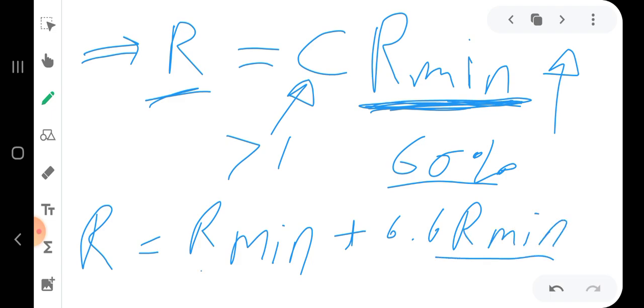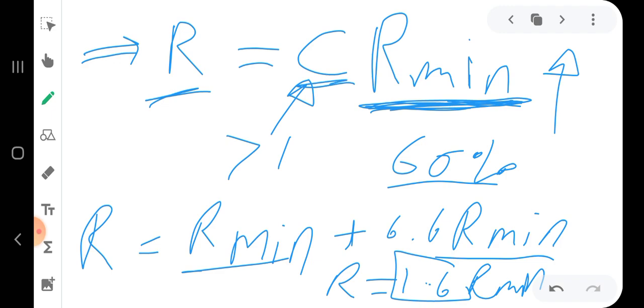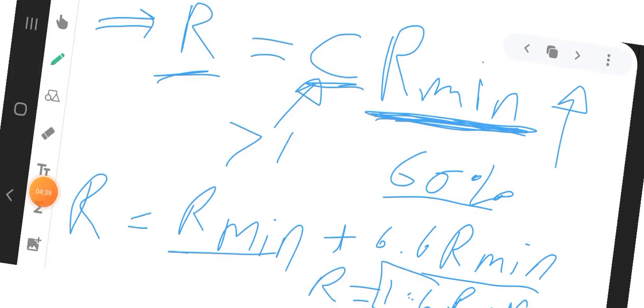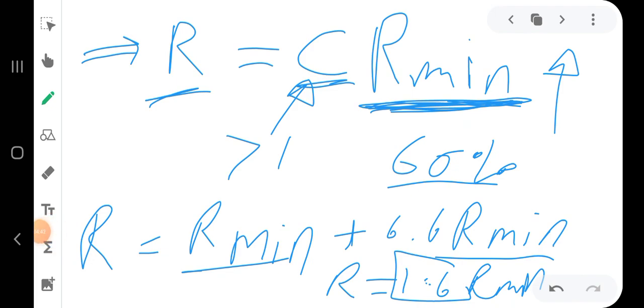And if you take a common factor, you can see that R is equal to 1.6 R minimum, so this number C is always greater than 1, as we need to work at a reflux ratio that's higher than the minimum. But the question here is: why do we want to avoid this minimum reflux ratio, and why do we want to work at a reflux ratio that's higher than it? What's the concept of the minimum reflux ratio?